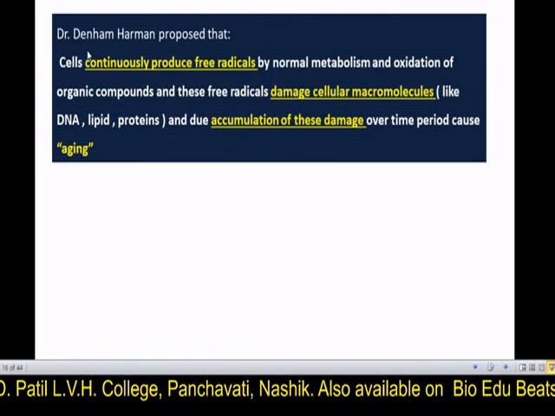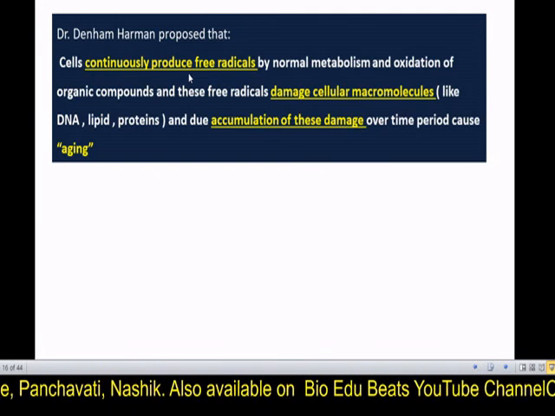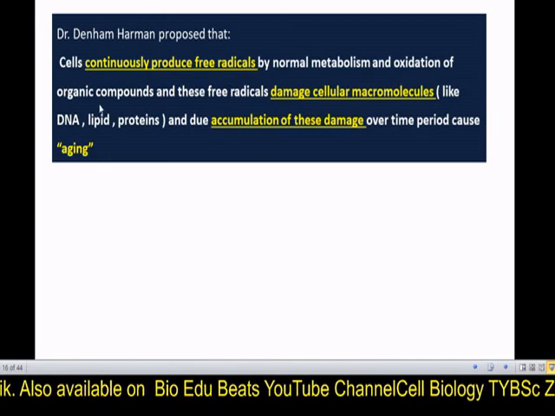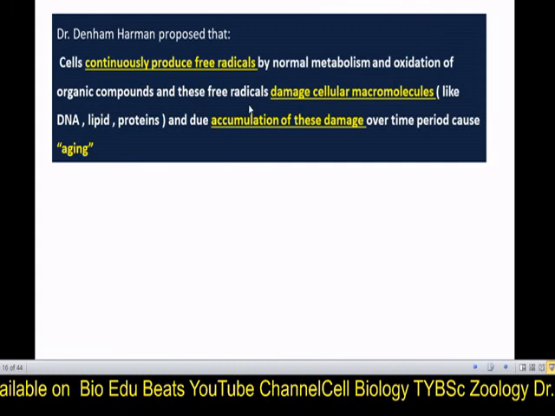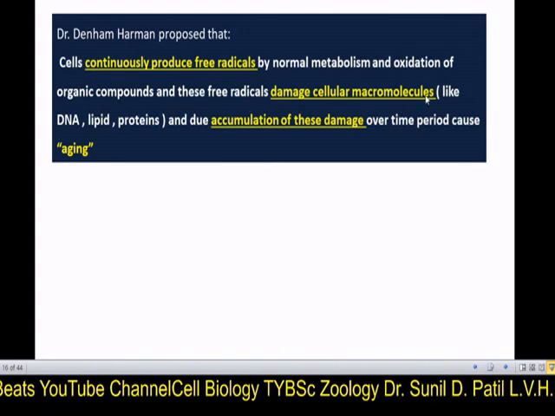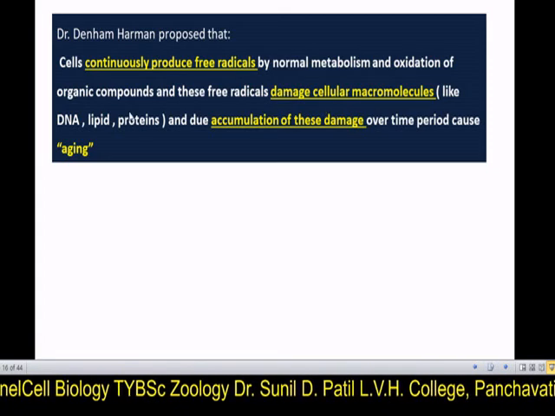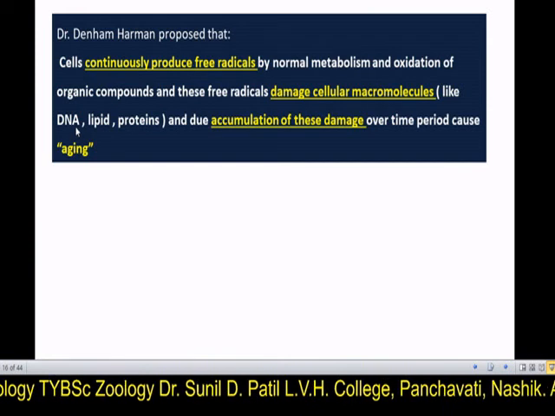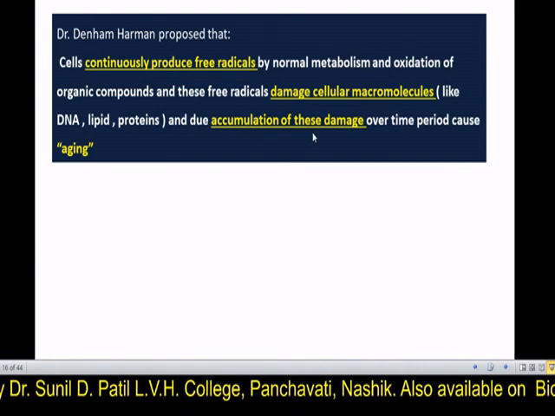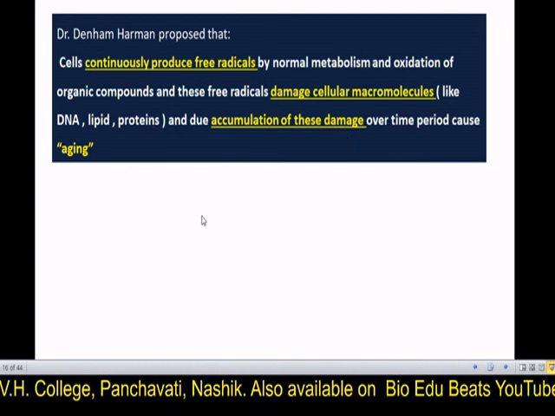According to Denham Harman, cells continuously produce free radicals by normal metabolism and oxidation of organic compounds, and these free radicals damage cellular macromolecules. It is a normal process: continuously produced free radicals damage cellular macromolecules, including lipids, proteins, and DNA, and the accumulation of this damage over time causes aging.